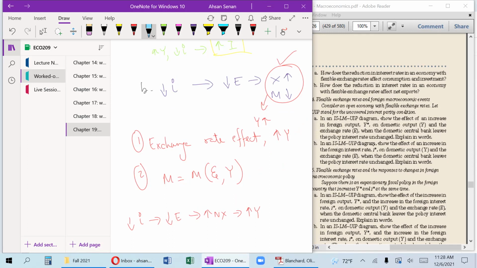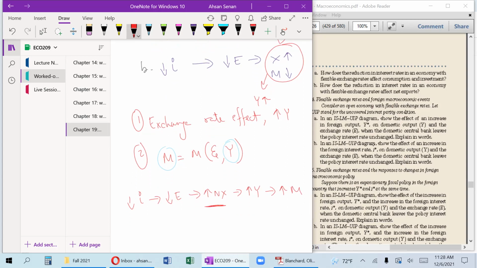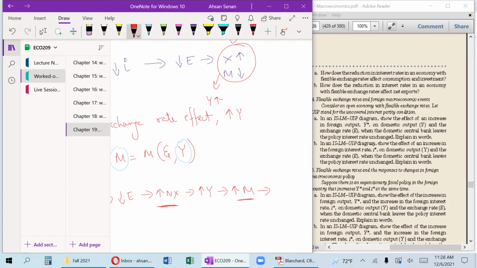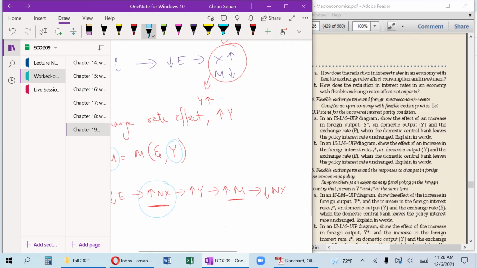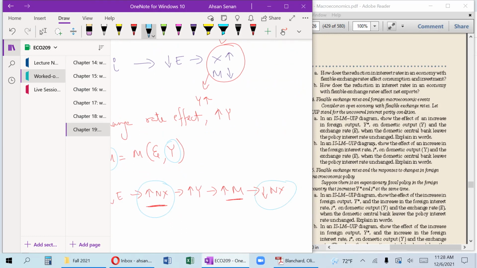But when Y goes up, M goes up, right? So because of this, M will go up. So here's the thing, NX has gone up, but then in the second round, M is going to go up. As a result, NX will go down. Now, what we do not know is which of these effects will be larger.